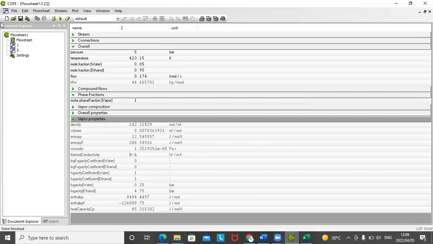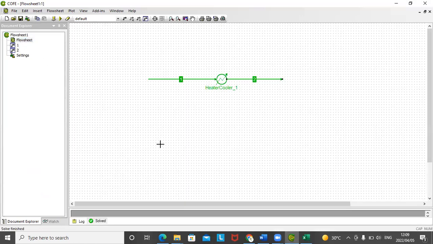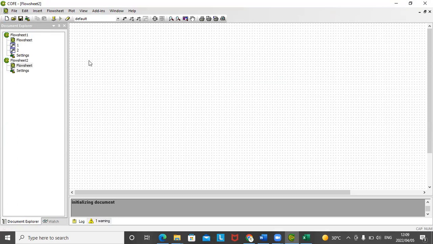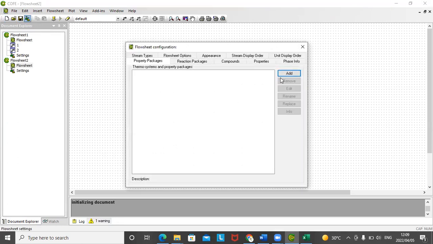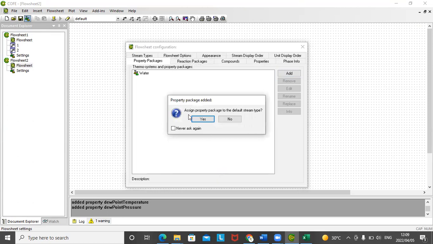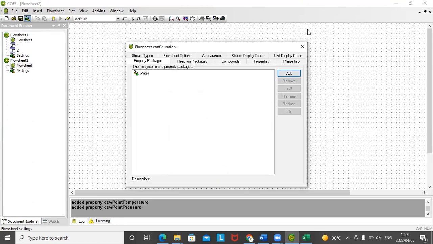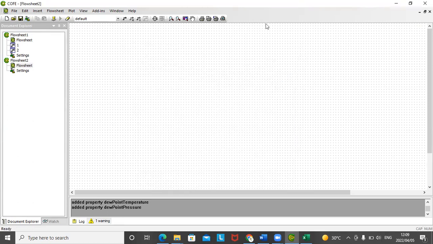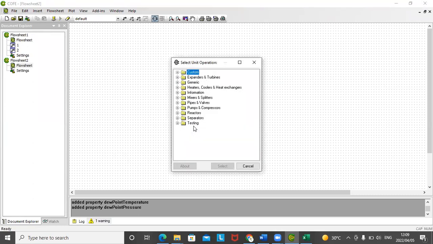In order to do that, we need to do a new simulation, but now just water. So we're going to click new. Here in our properties, we'll add, and instead of jumping to ChemSep, let's just do the water one now. Assign property package, close that, and again, run it through a heat exchanger.